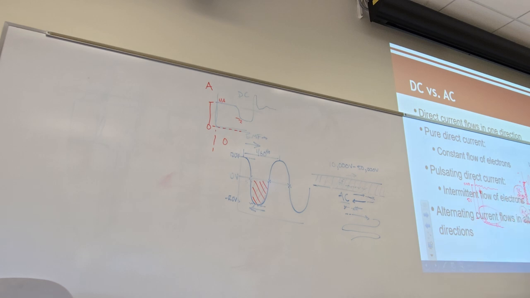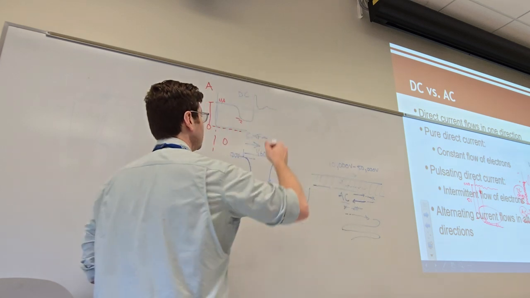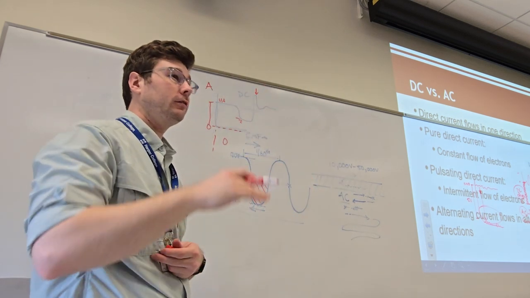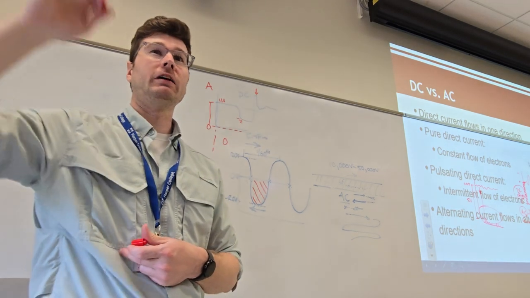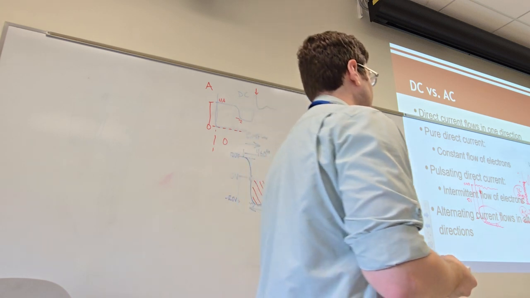Just know that DC can pulse. DC doesn't necessarily mean pure DC, just a straight line all the time. Like I said, if a motor kicks on, or a big load turns on or off, you could totally get a little spike of current, an inrush current as that motor turns on, or the light bulb warms up, or whatever. That happens all the time.